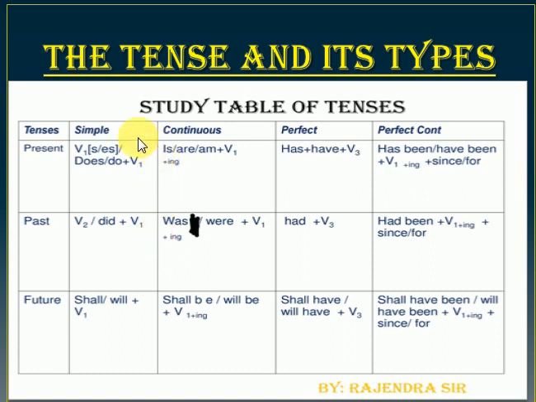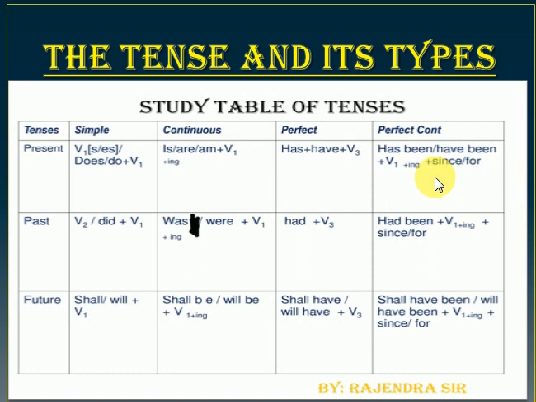Here simple means we are using V1, continuous V1 plus ing, perfect V3, and the last V1 plus ing. So the second and fourth are similar. Third is V3. So first V1, for continuous V1 plus ing, present verb with ing. Perfect V3 means the past participle verb, and the last one is similar to the second one, present verb with ing.